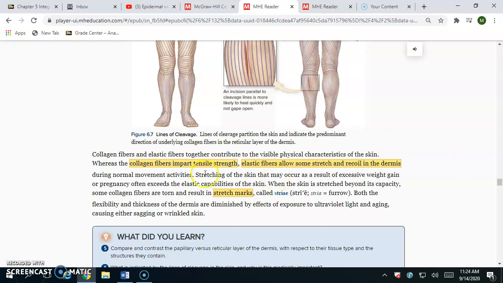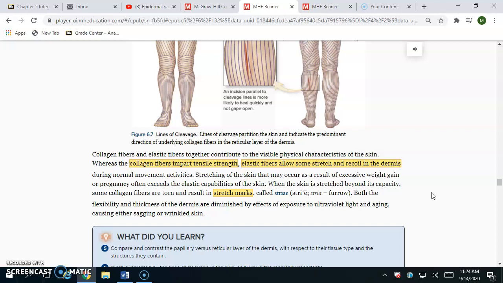So those are very good functions, but you can overwhelm those functions of being strong and stretchy and recoiling. If you stretch the skin beyond its capacity and you start to get breaking of those fibers, you can get a visible mark on the skin, which they call a stretch mark.